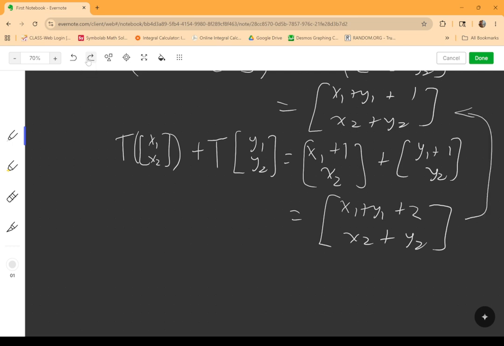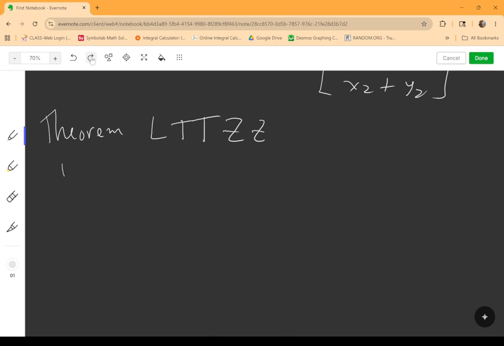Okay, so now let's take a look at a couple of theorems that we can describe linear transformations with. The first one is this theorem LTTZZ. And what this theorem states is that linear transformations take 0 to 0.